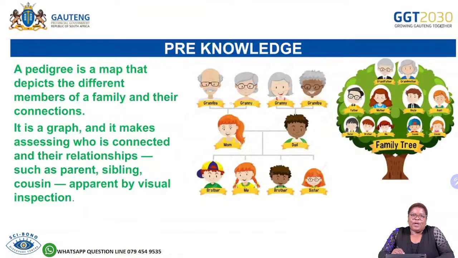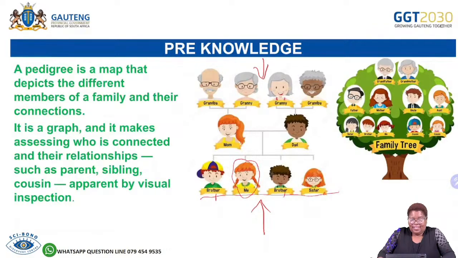Now, what is going to happen with pedigree diagrams? You can read them from top down or from bottom upwards. This is you, for an example, or it's me. I've got 2 brothers and a sister. So myself and my brothers and sisters, we are called siblings.